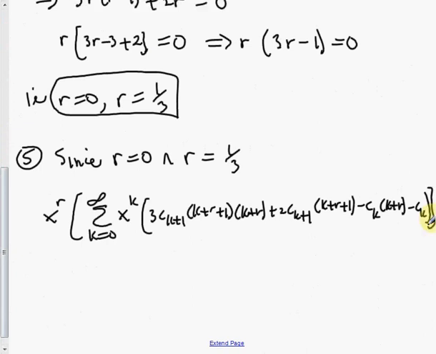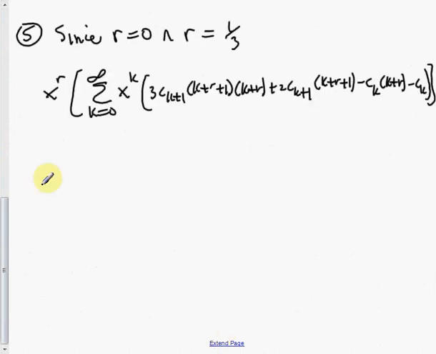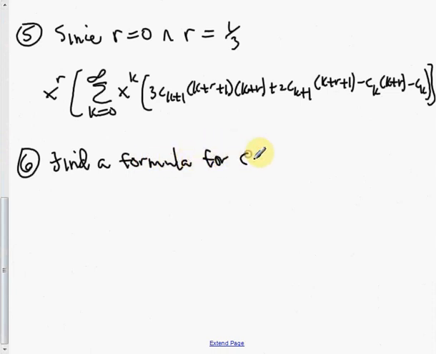Close that bracket up. Step number 6, determine a formula for c sub k. So here we just resort back to what we've been doing for the previous sections. I look at what I have there in the inner bracket, set that equal to 0.